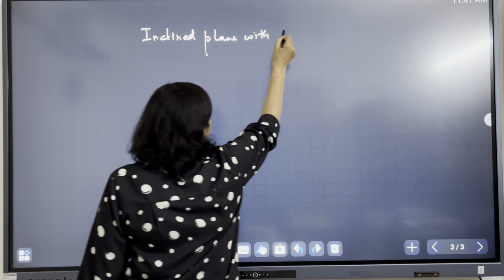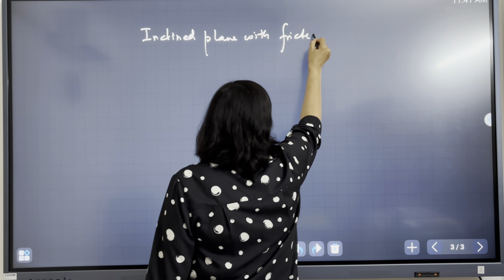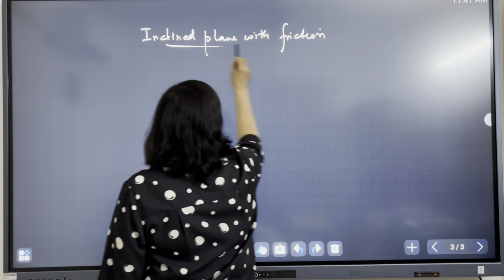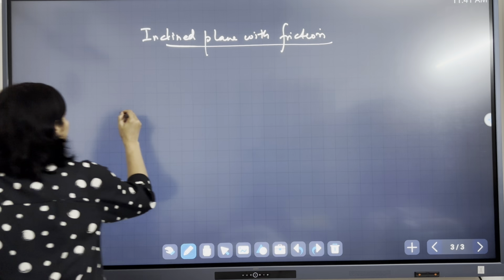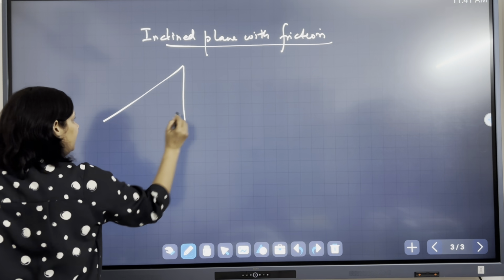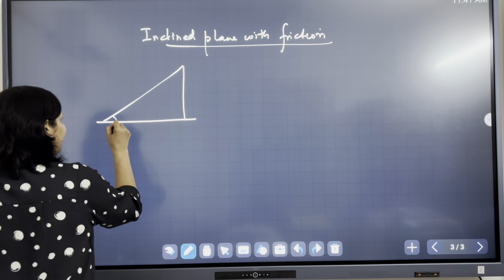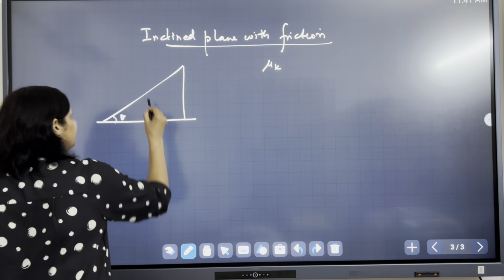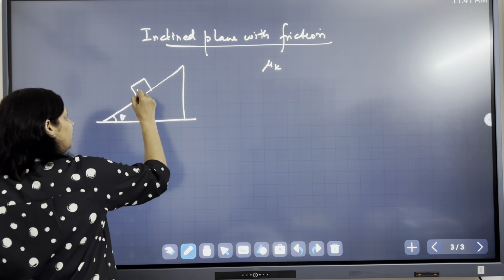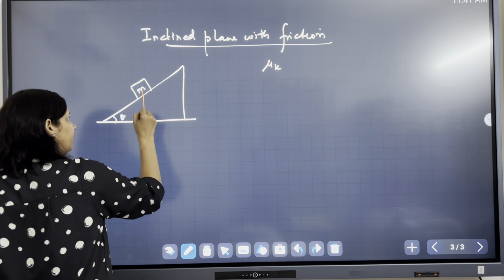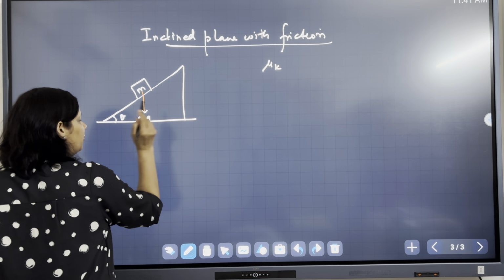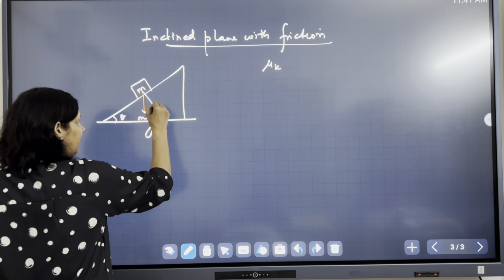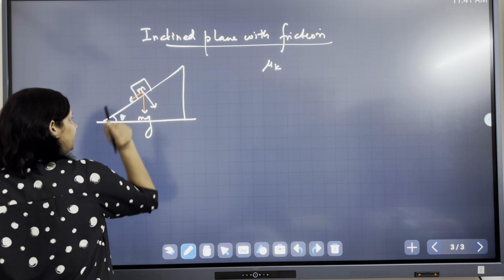With friction. Okay. So for example, now there is a friction and the coefficient of kinetic friction is mu k. Object of mass m, gravitational force will act downward. I will resolve this into two components.